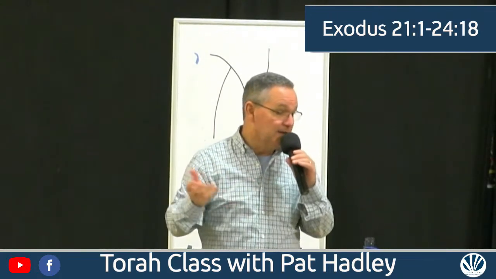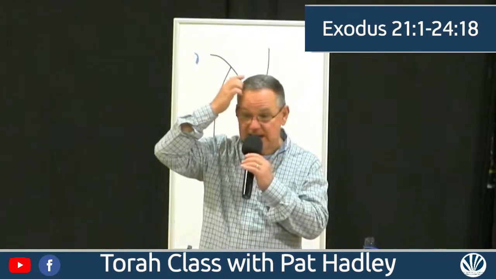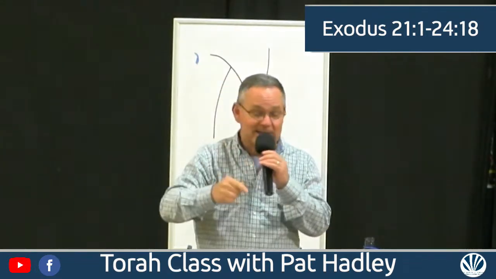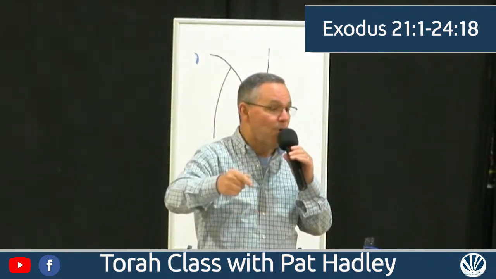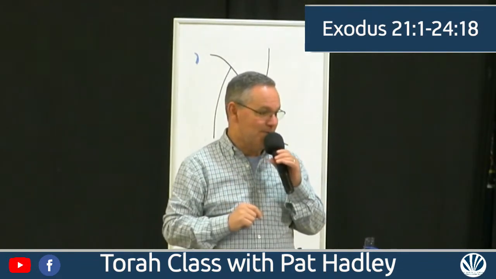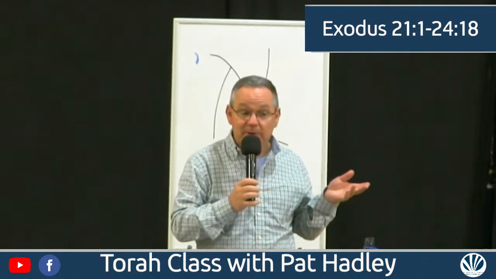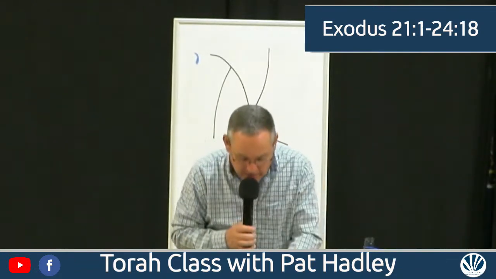That's the goal. In Leviticus 18, what you have written in Torah is do not bear a grudge or take vengeance on your brother or your neighbor. Okay? It's where we get the words, love your neighbor as yourself.